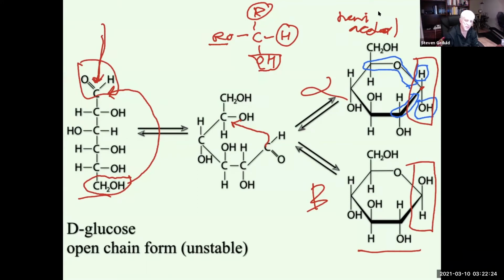So this is D-glucose, which is our main form of energy for the brain and for most of the rest of the body. This was called an open chain. Open chain sugars are very unstable. You don't need to have OH groups hanging out there. This is your alpha D-glucose.